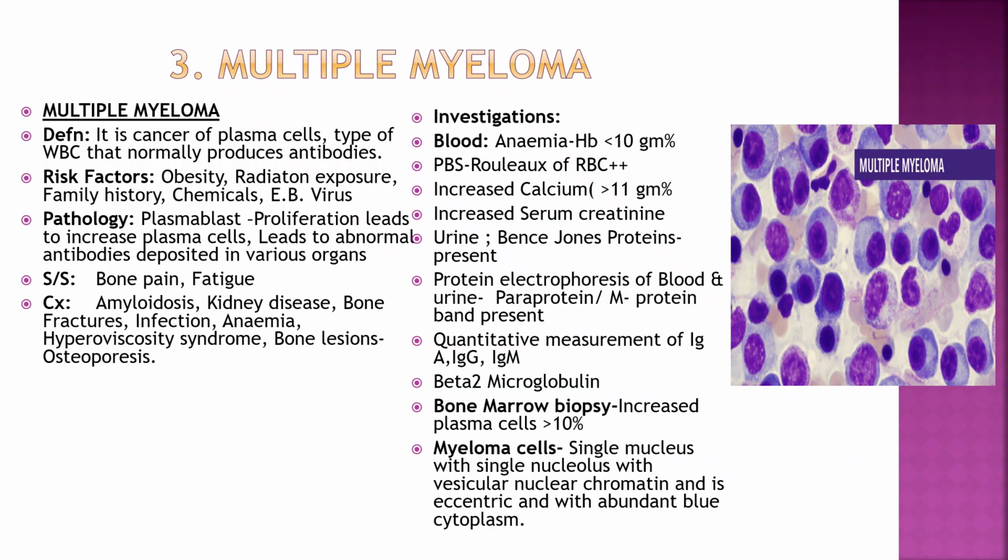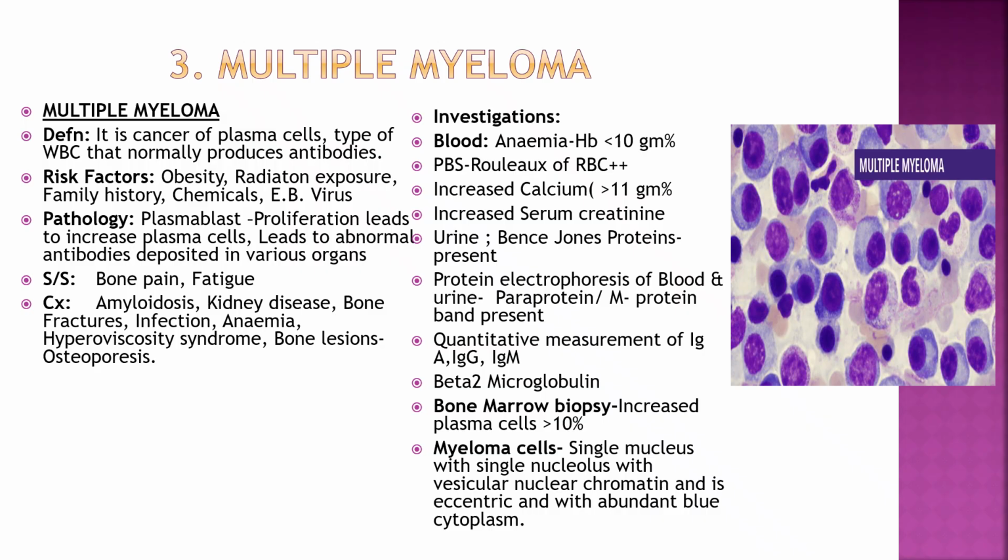Investigation: blood shows anemia, hemoglobin less than 10 gram%. PBS shows rouleaux formation of RBC. Calcium is increased, more than 11 gram%, and serum creatinine increased. In urine, Bence-Jones proteins are present. Protein electrophoresis of blood and urine shows paraprotein, that is an M protein band.